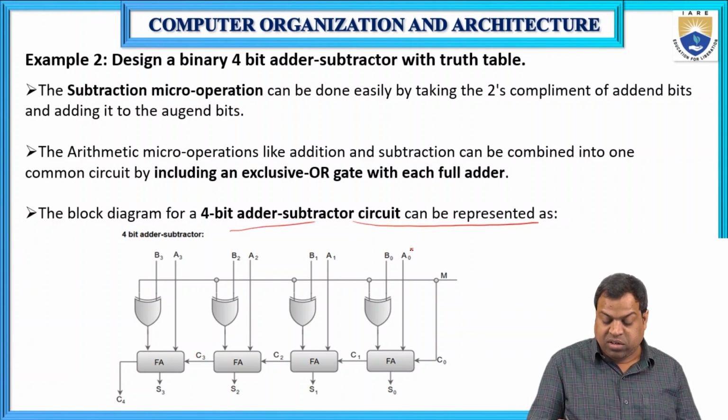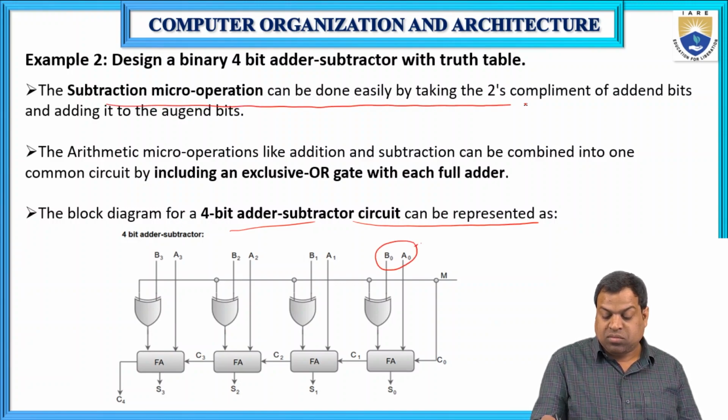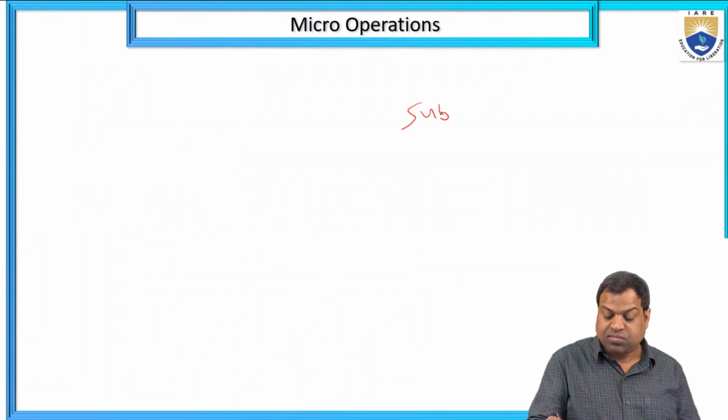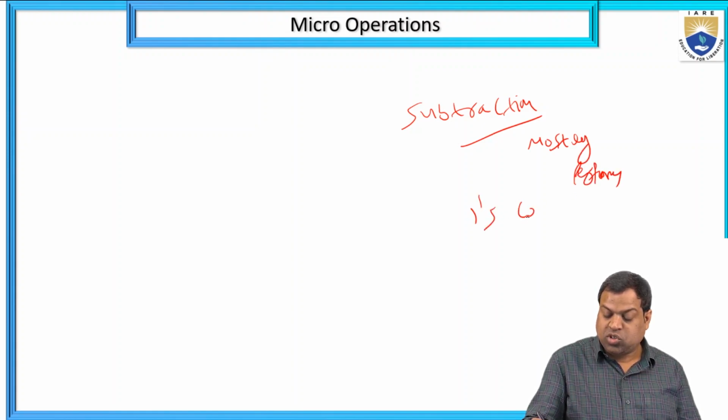So here I am taking A, B, the 2's complement of the value. So mostly in subtraction, we perform 1's complement or 2's complement.